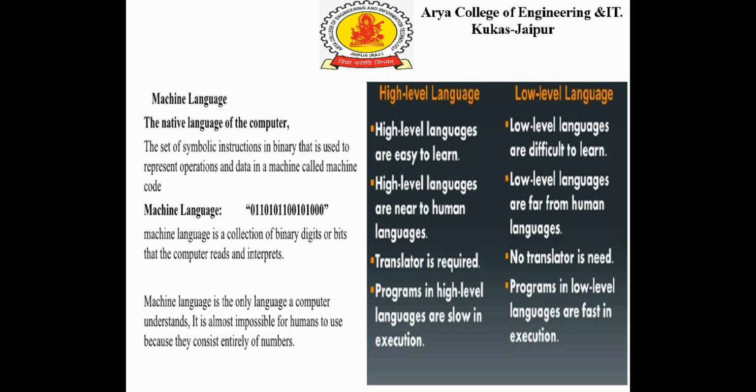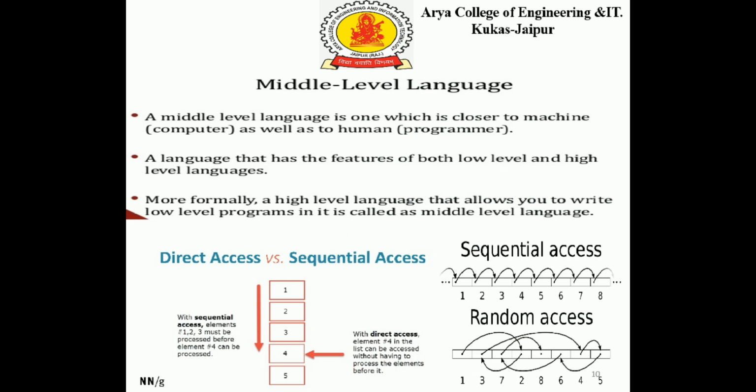High level languages are near to human language, whereas low level languages are not far from human language but nearer to the machine. A translator is required for high level language. No translators are required for low level languages. Programs in high level languages are slower, but programs in low level languages are faster.